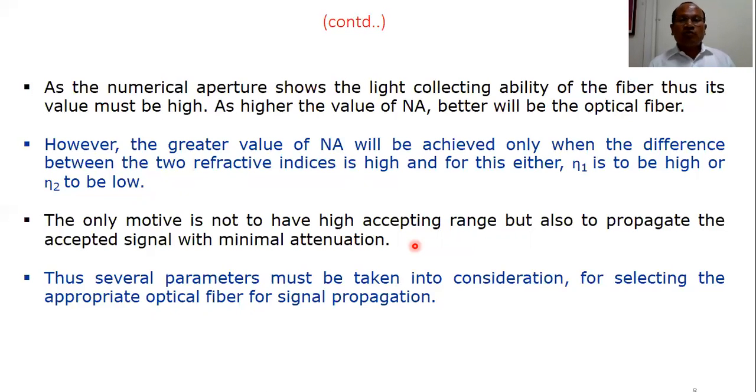We have to allow the maximum angle in such a way that the attenuation inside is minimum, so that the signal travels with strong intensity. There are a number of selection parameters which are taken into consideration while selecting the fiber.